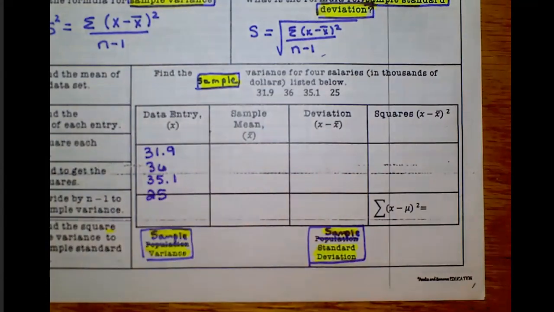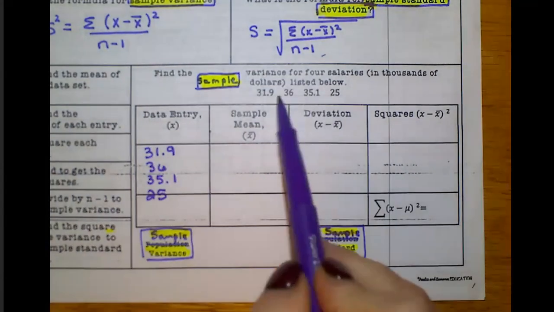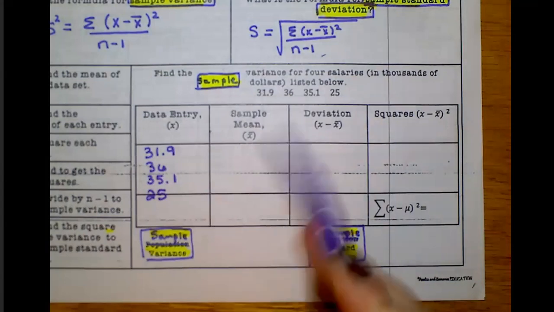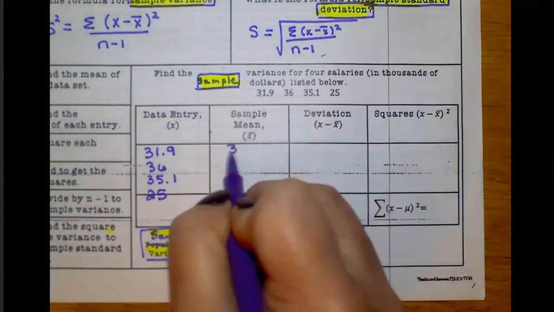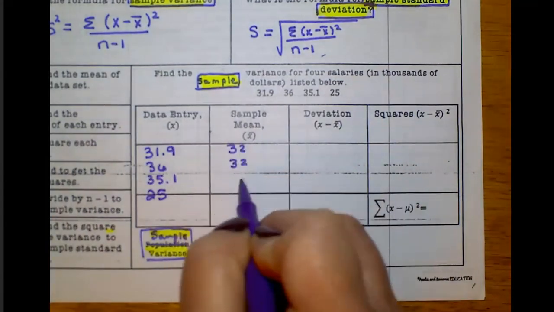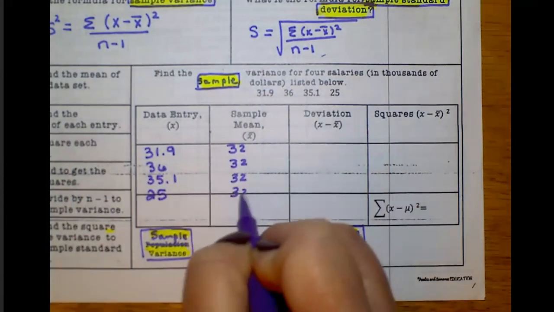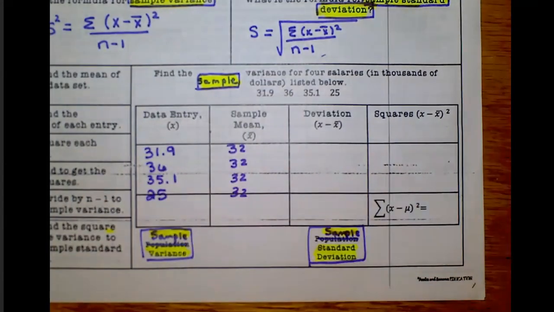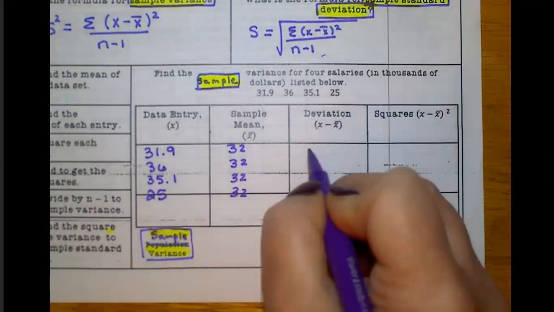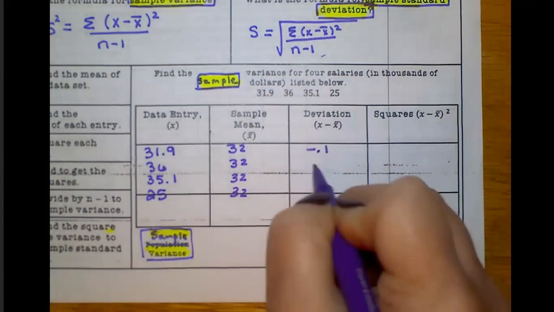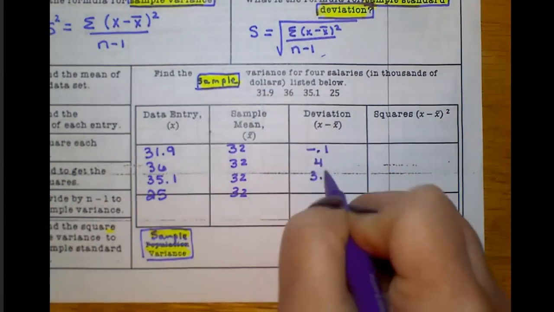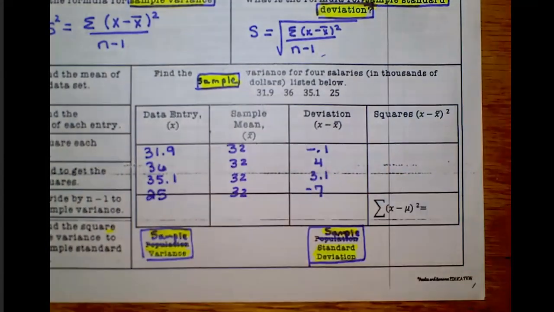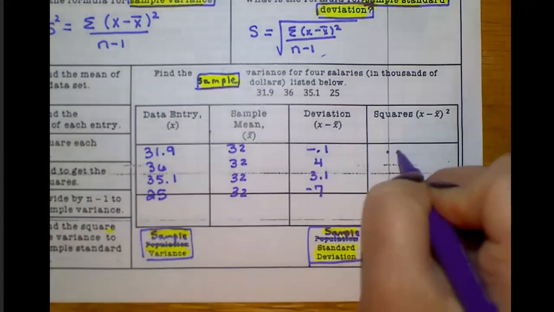When you calculate the mean, it's going to be done the same way because it's just 4 numbers. We add them up and divide. So my mean is going to be the same. My deviations are going to be the same. My squares are going to be the same.